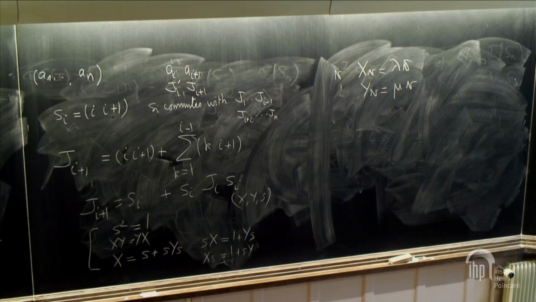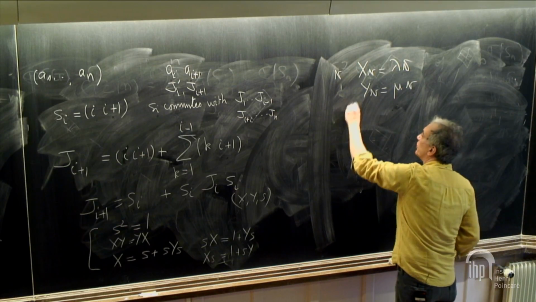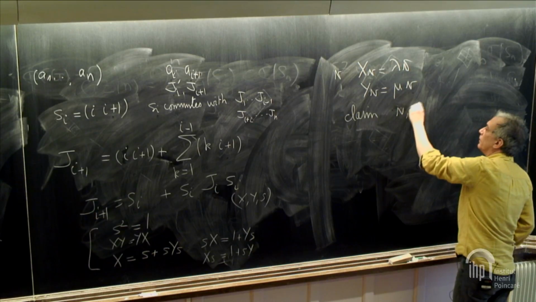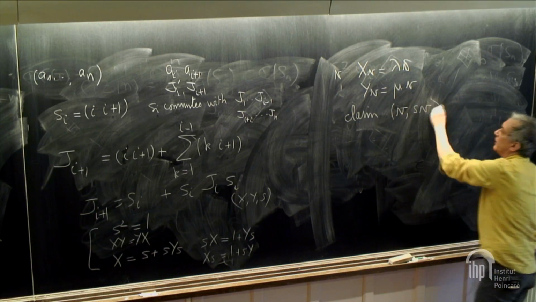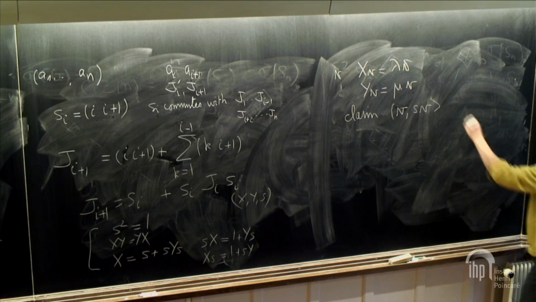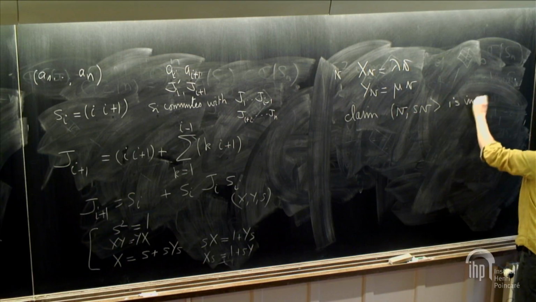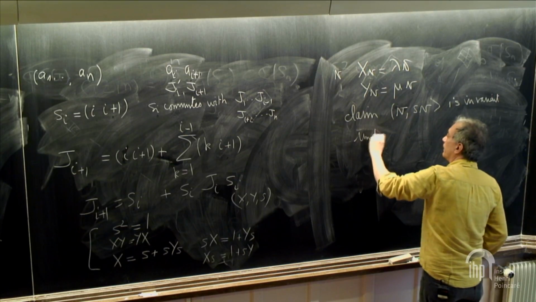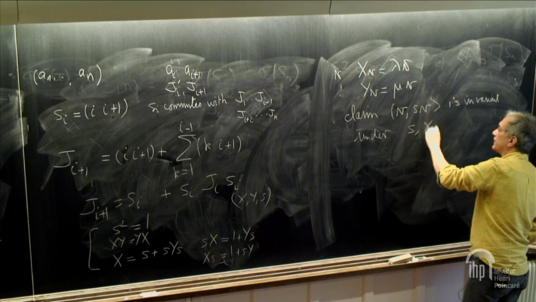Okay. And what I claim is that if I have a common eigenvector to X and Y, then the space generated by V and SV is invariant under the action of S, X, Y.